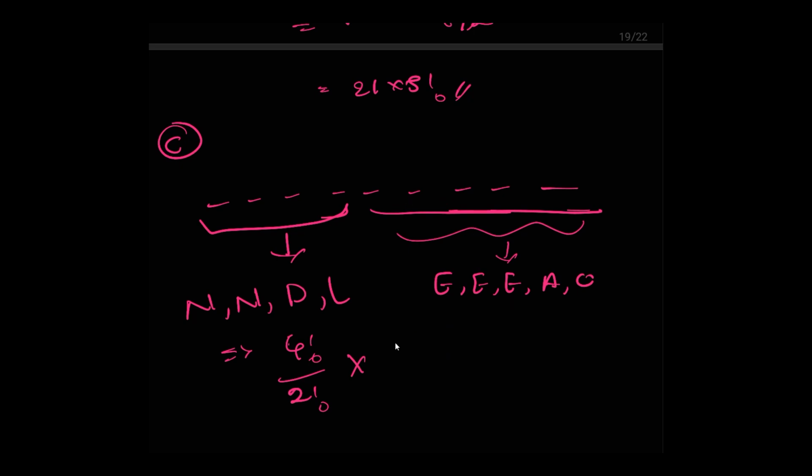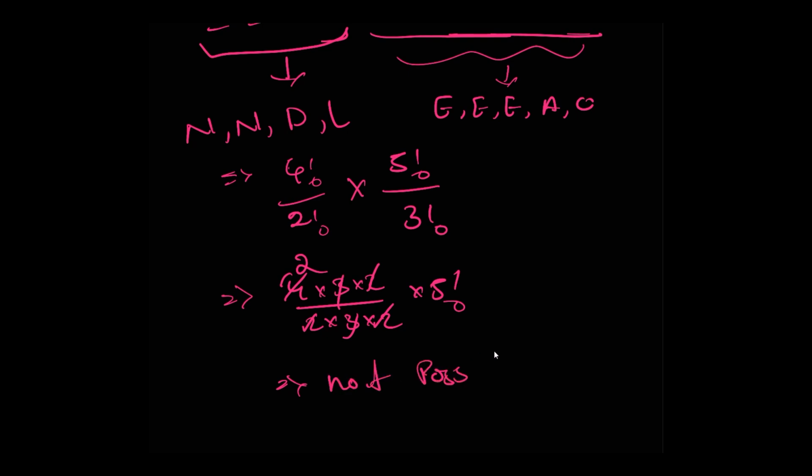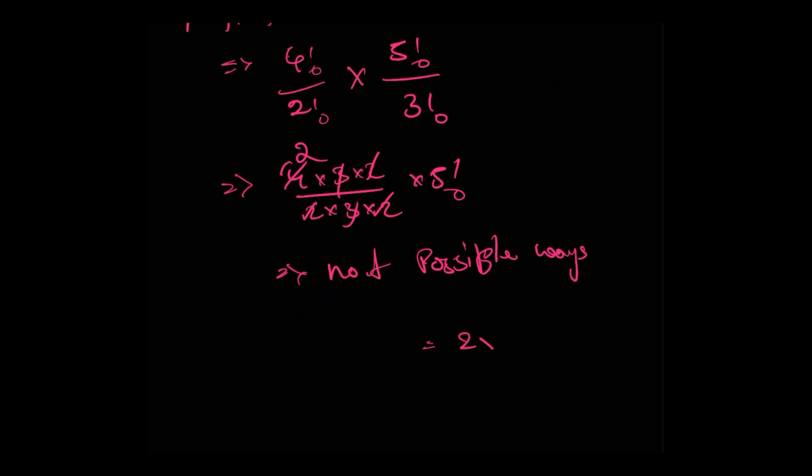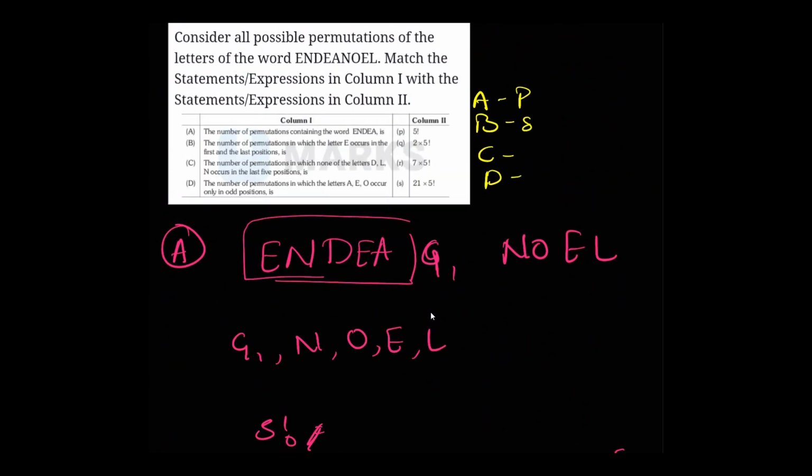This will be 5 factorial by 3 factorial. Therefore, the value will be 4 into 3 into 2 by 2, into 3 into 2 into 5 factorial by 3 factorial, so the number of possible ways will be 2 into 5 factorial. Therefore, the answer will be Q.